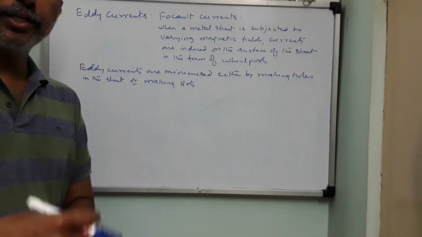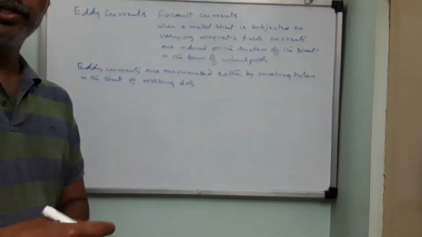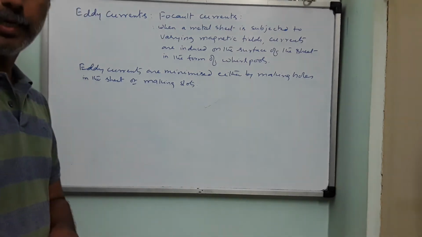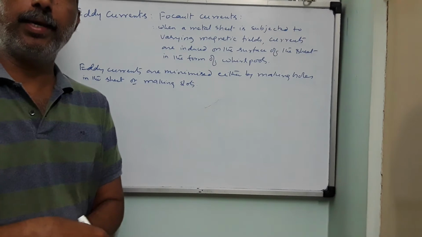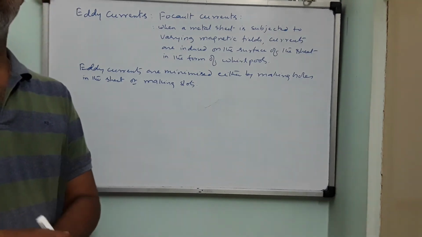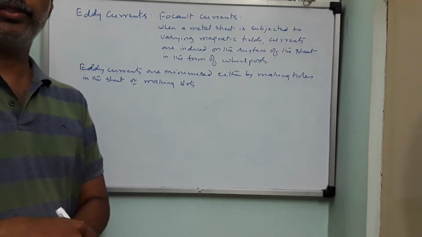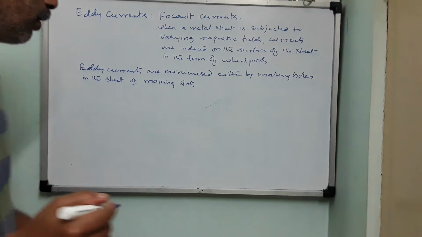As the current is changing, the magnetic field associated with the coils also will change. Because of the change in the magnetic field, flux will change. This changing flux will be linked with the rail पटरी. तो वो पटरी में वो रेल में induced currents आ जाते हैं. Once induced currents are produced, they will oppose the motion of the train. So this is called electromagnetic braking or magnetic braking of trains.